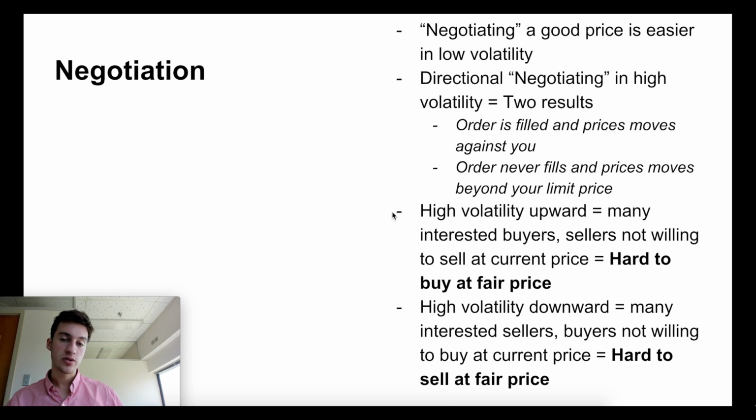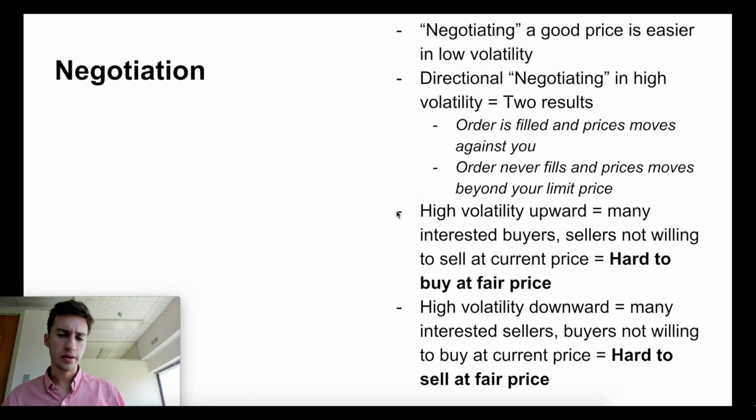And a lot of those buyers are going to be using HFTs or bots that are going to make sure that their orders get filled at only the best price. Whereas when you put a limit buy order, or even when you market buy, if your order is filled, price is likely to move against you, especially when price is moving in high bullish momentum upward. If you place a buy limit order and continue to place it higher and higher, the moment that it actually gets filled and you find a seller may actually just be the top, and you just bought at the worst price.